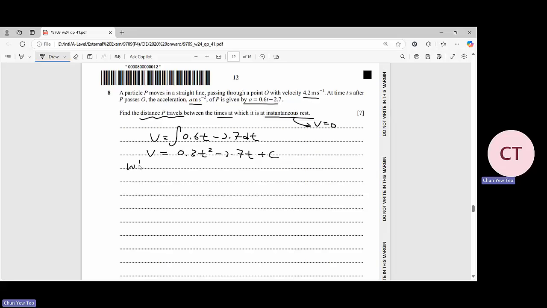Then it's given in the question that when t equals 0, v is equal to 4.2. That will give you c is also 4.2. So now just put c back here: 0.3t squared minus 2.7t plus 4.2. Okay, this is what we have.